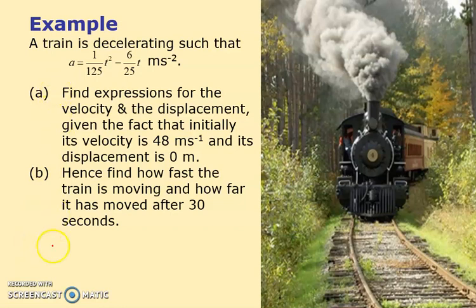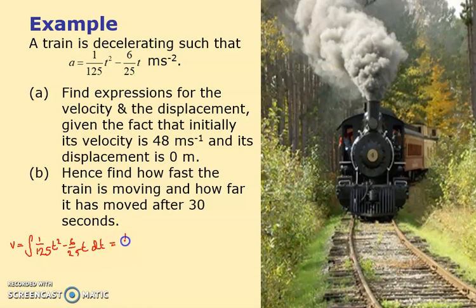So a equals this. We should now know that if I integrate this rather horrible expression, 1 over 125 t squared minus 6 over 25 t, I will get v. And that's the crucial step, I suppose, here. Let's do that. Add a power, t cubed divided by that.